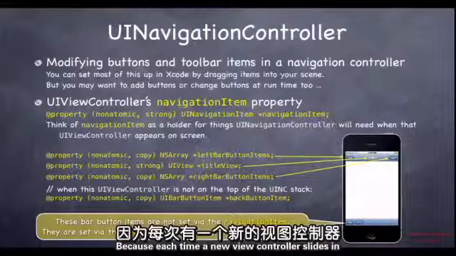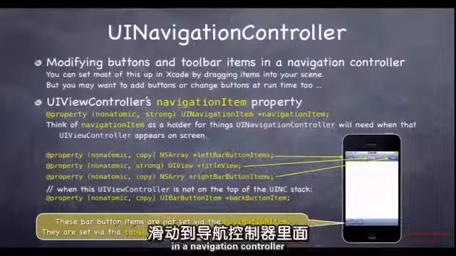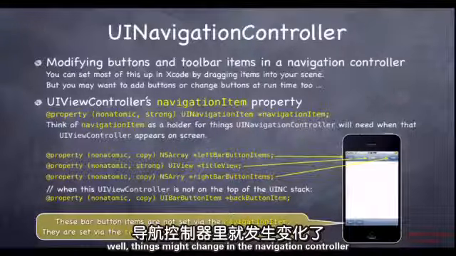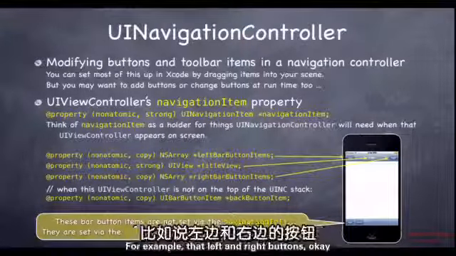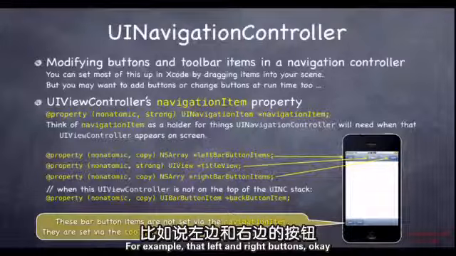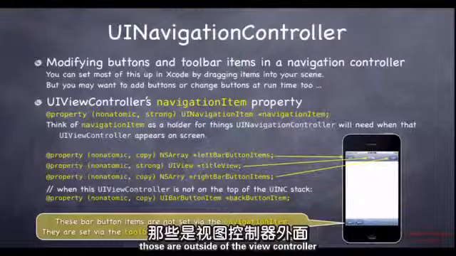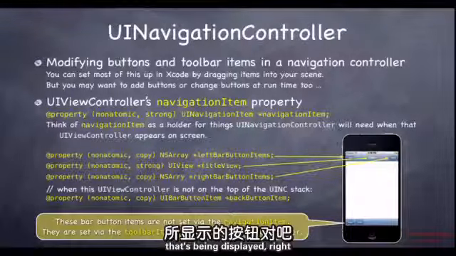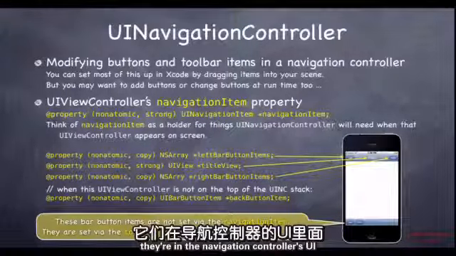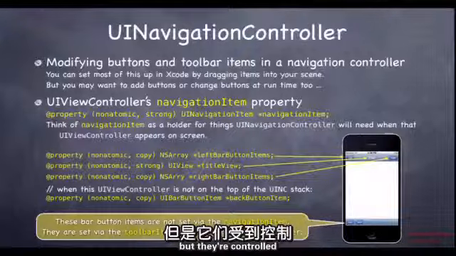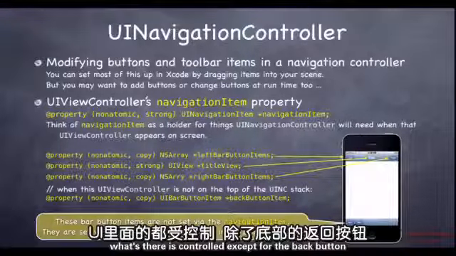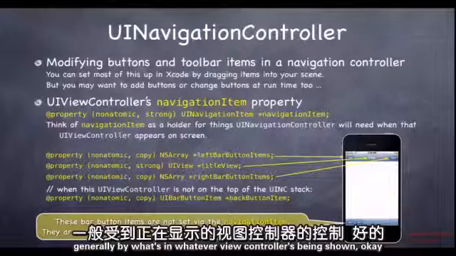Because each time a new view controller slides in a navigation controller, things might change in the navigation controller. For example, the left and right buttons. Those are the buttons at the top of the navigation controller. Those are outside of the view controller that's being displayed, in the navigation controller's UI. But what's there is controlled, except for the back button generally, by whatever view controller is being shown.